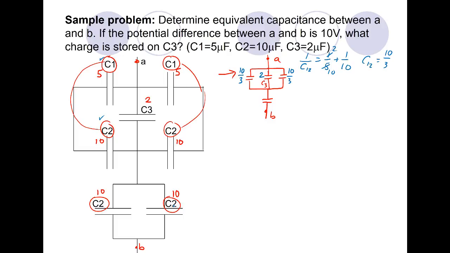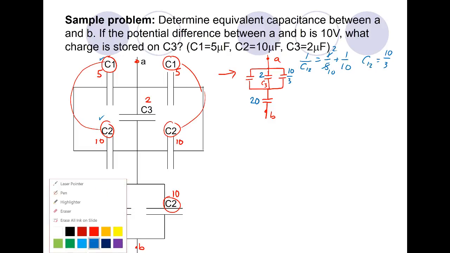Likewise, I have C2 and C2 in parallel, and the rule for that is we just add them together to get 20. So what I'm doing is I'm writing new capacitances in blue, but I think it's probably going to be better if I shift my scheme here.